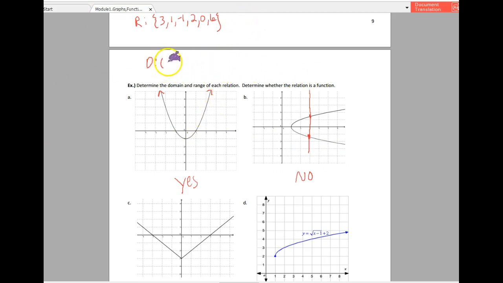The domain is everything, negative infinity up to infinity. The range is going to be the lowest to the highest point. So lowest is here. And then it's going to go up, up, up, up forever. So the lowest point, which I am including, because it does hit this point, is negative 1. And it's going to go up forever. So I'm going to say up to positive infinity.